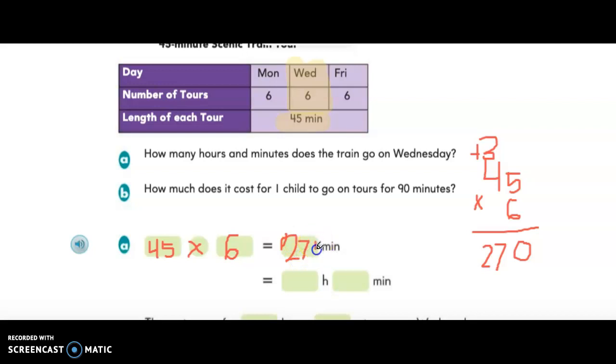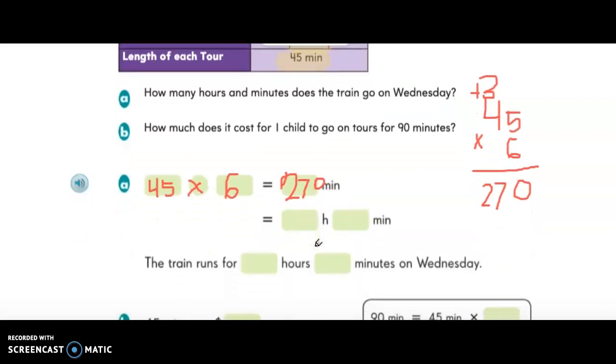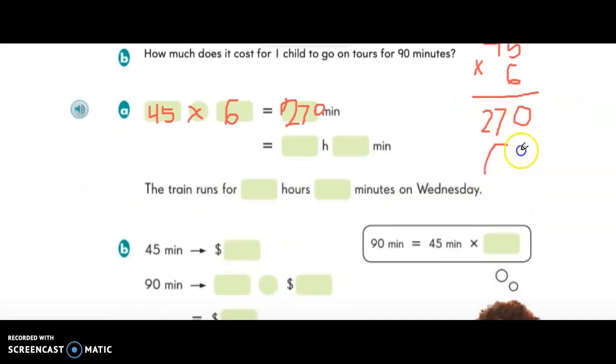Now we need to take 270 and break it up into hours and minutes. So this is where we're thinking, okay, 1 hour is 60 minutes, 2 hours is 120, 3 hours is 180, 4 hours is 240, 5 hours is 300. So that's too much.